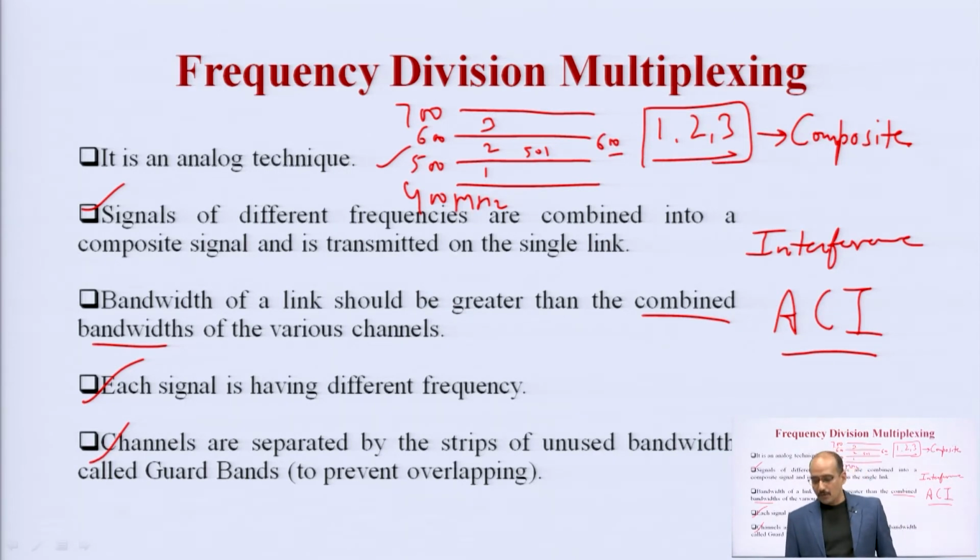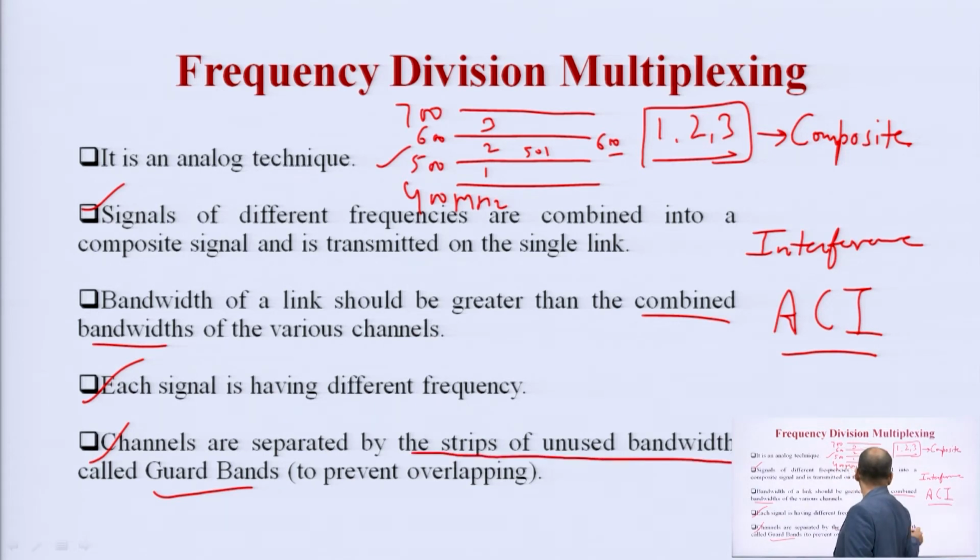So how can it be avoided? To avoid this type of condition, we make a guard band, or a strip of unused bandwidth. How is it made?